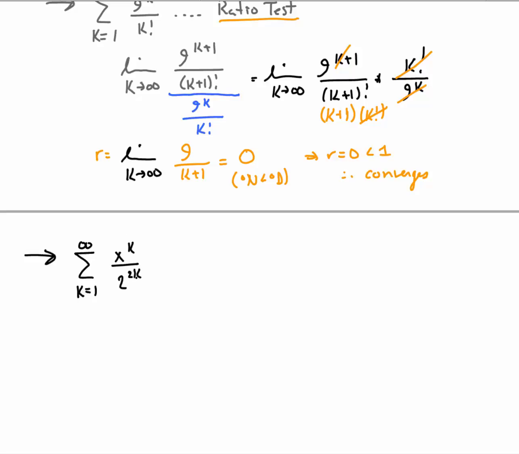Now the couple things that I look at on this one. First of all, we have a value of x here, so depending on what x is, this could converge or diverge. So I'm trying to force this to converge. So I am trying to find the values of x for which the series converges.